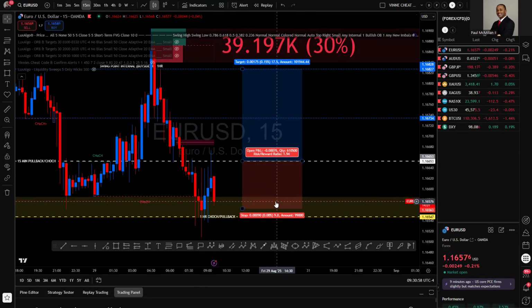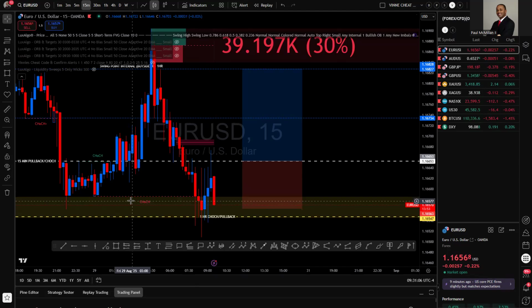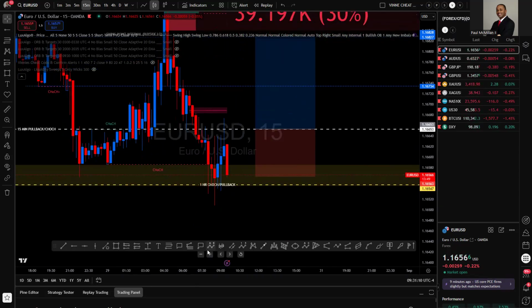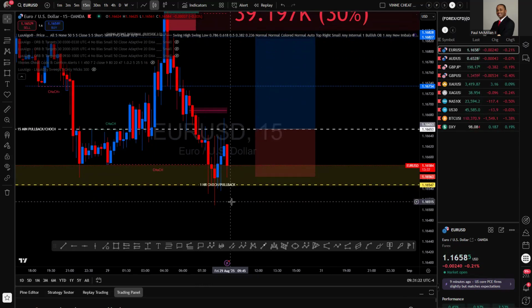So what I'm going to do is pause here. You've got a tops level here, and price is breaking past that. And again, price is overall bearish. But the bigger price is testing this area and will probably go up.